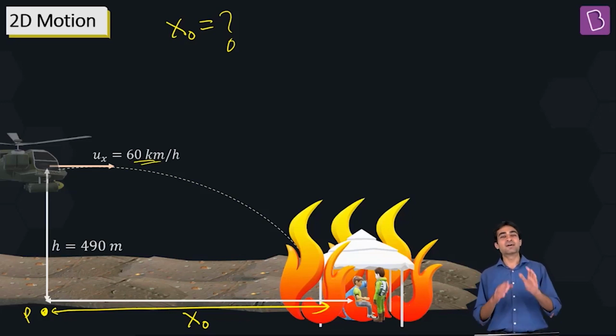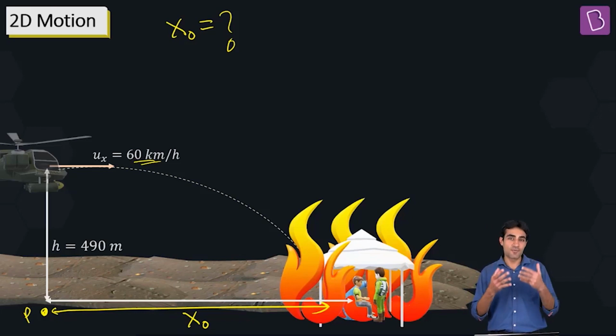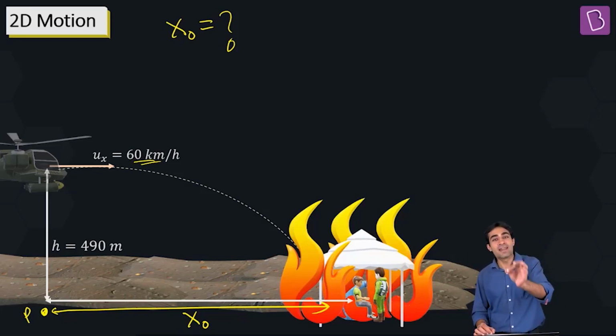So, as the bomb is dropped, its initial velocity is 60 km per hour in the horizontal direction, and it further gains some velocity in the vertical direction. It has horizontal displacement as well as vertical displacement, and finally it hits the target. We have to find what is the total horizontal displacement of the bomb when it was released from the helicopter.